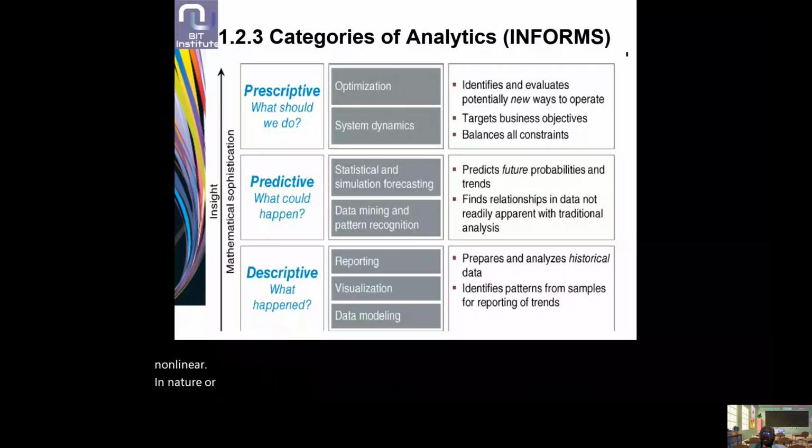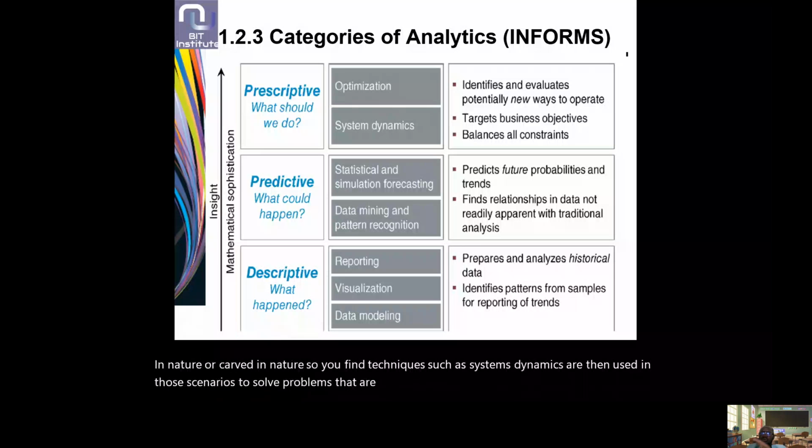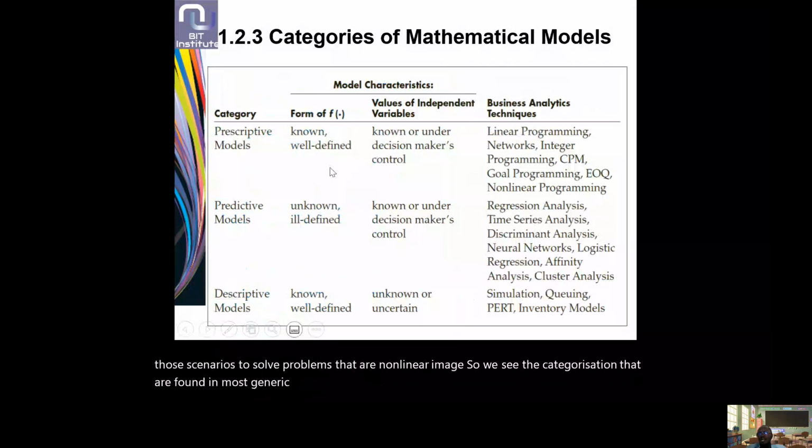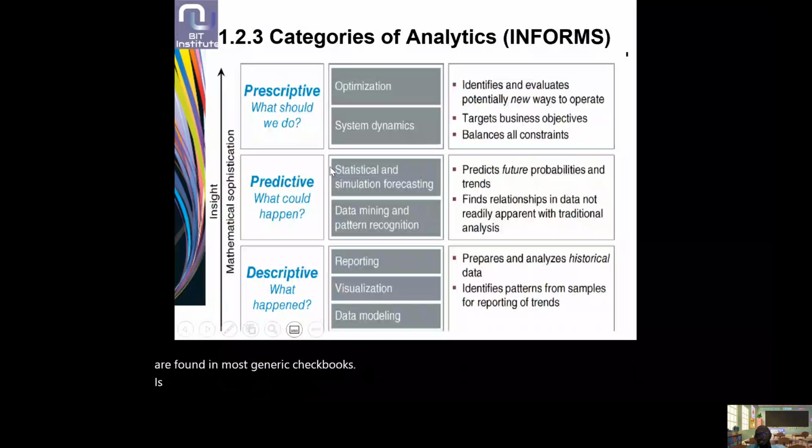So techniques such as systems dynamics are then used in those scenarios to solve problems that are non-linear in nature. So we see the categorization found in most generic textbooks is well in line with the categorization adopted by the Institute for Operations Research and the Management Sciences.